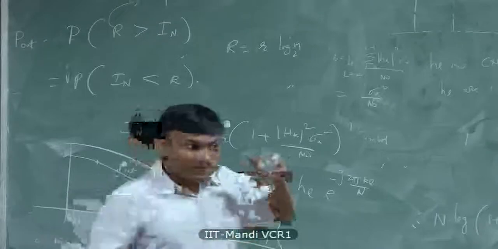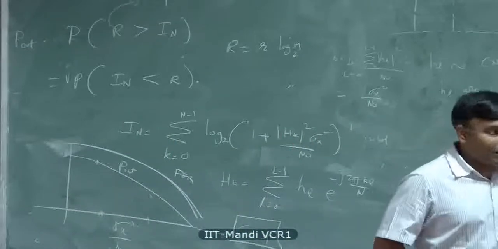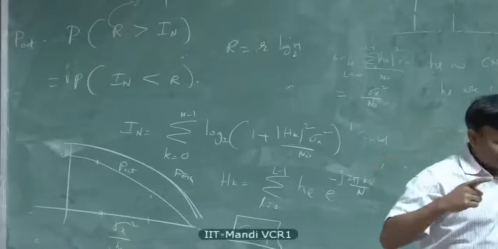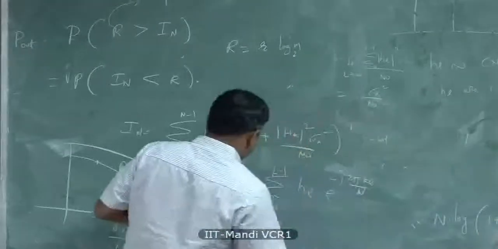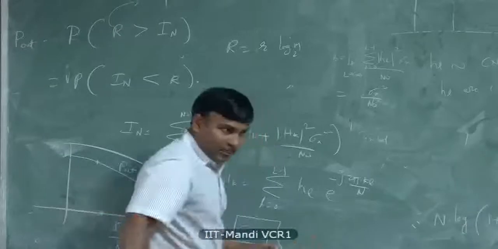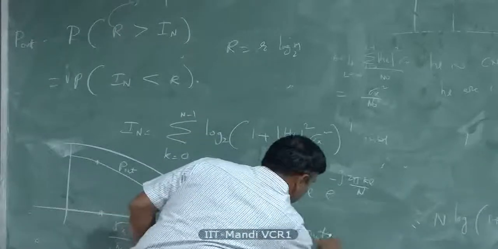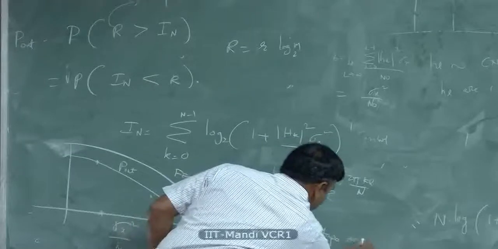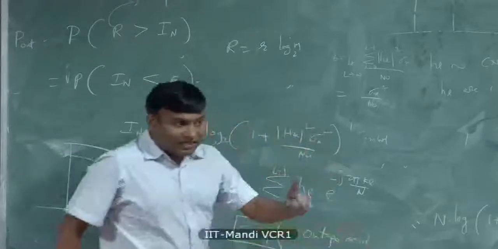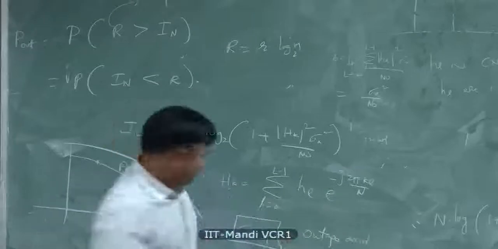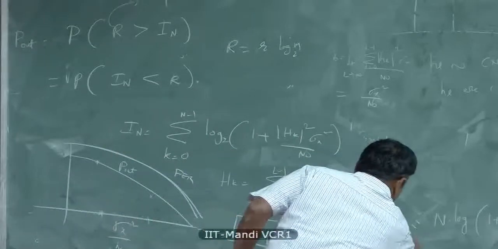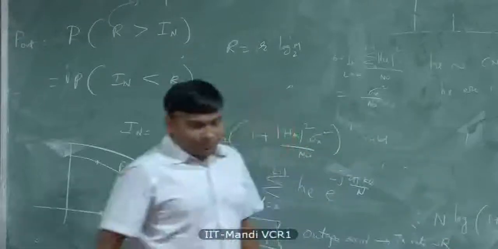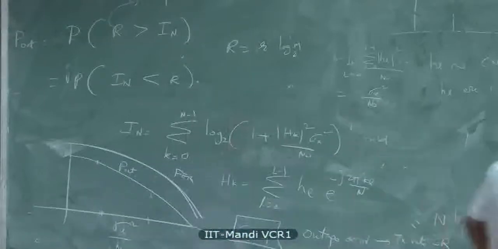But the transmitted rate has become not a constant but a random variable. In case 1, outages occur, but the transmitted rate is fixed at R. Let's look at case 2.